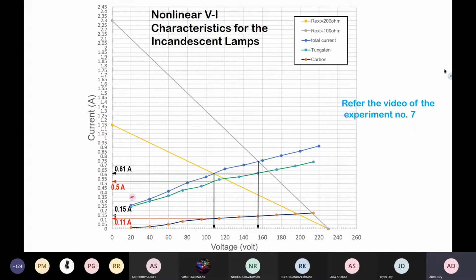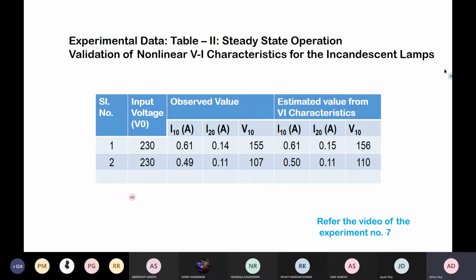So then next we just write it. So here you can see this is serial number 1, voltage is 230, and here this is 156 from the estimated, and the observed value is 155. This is from the experiment.